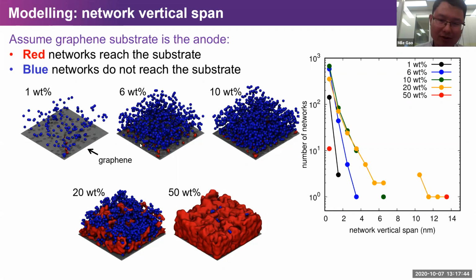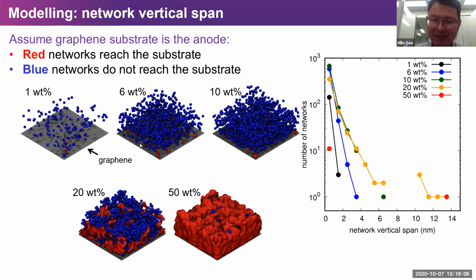From 1% to 10%, that's the black, blue, and green ones, they don't have networks that can span through the film. But from 20%, the yellow one, and 50%, they can span the whole film.